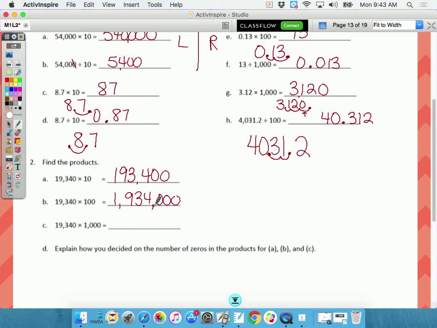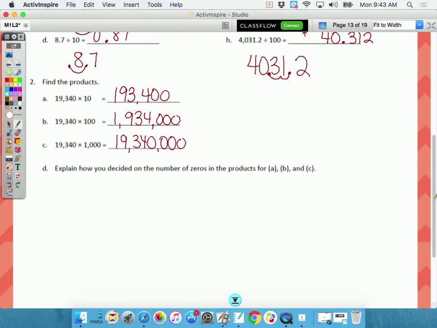That's okay. So it's 19,200,000 and 340,000. Yeah, 340.